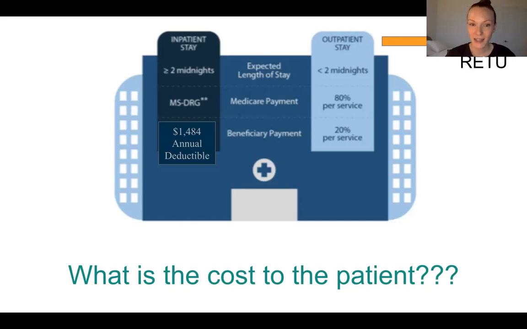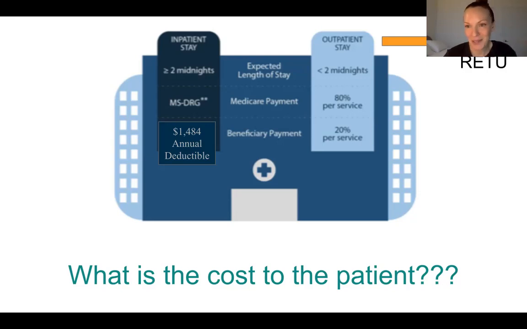The patient has, as of this year, about a $1,500 annual deductible to Medicare. So that could be what the cost is to them for that inpatient admission. If they're in observation, then Medicare pays for 80% of whatever their total bill is, and they pay 20%.